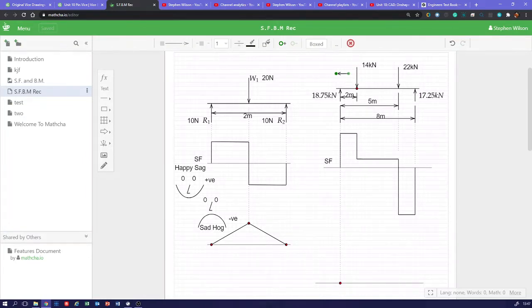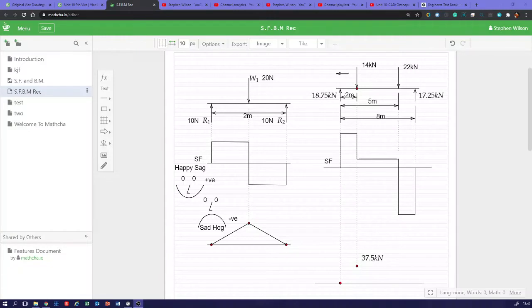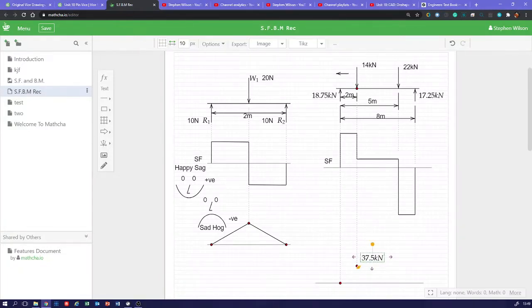So what are we saying? We have a positive upward force, which is 18.75, and that is 2 meters away from the point we're taking moments about. So 18.75 times 2 meters will give us our moment. 2 times 18.75 gives us 37.5 kilonewton meters.